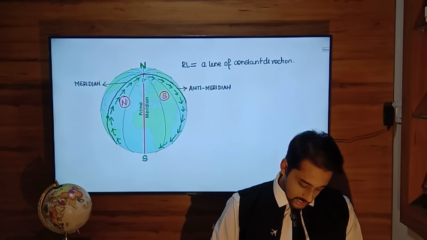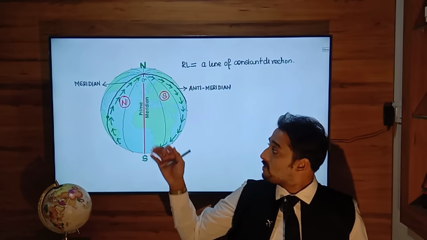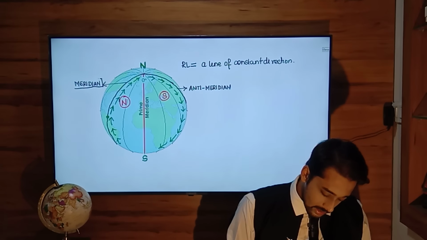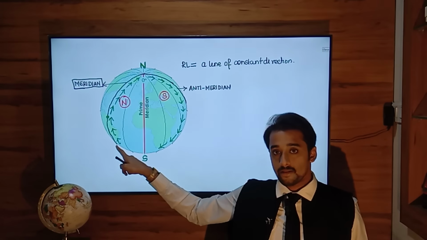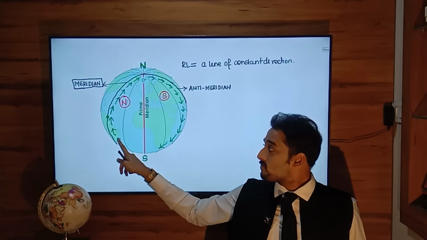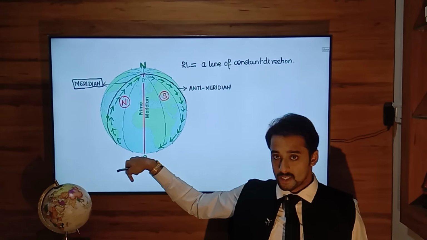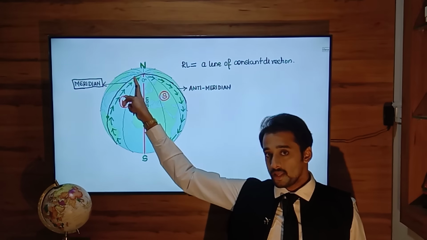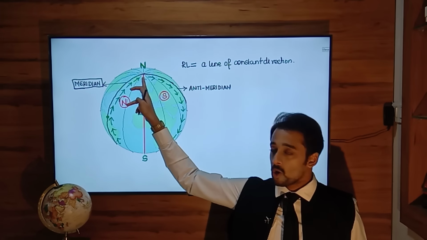Now here the question is talking about the meridian. If we just take this particular meridian and ignore the anti-meridian, on this meridian you can fly either in a northerly direction or a southerly direction. If you select to fly northerly along this meridian, your direction of flight will be the same until you reach the North Pole.